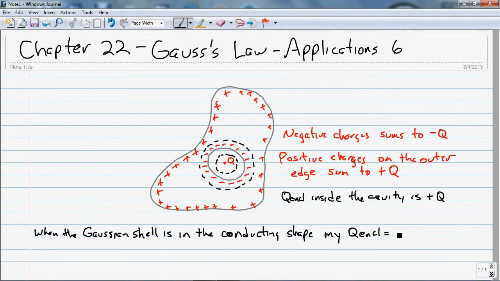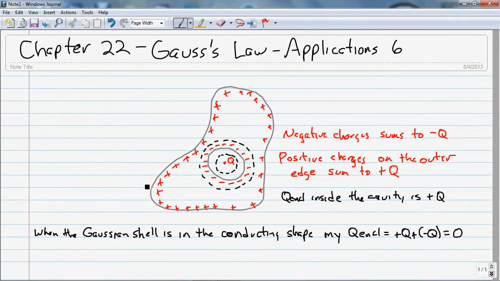So I'm going to have a plus Q, and I'm going to have to count all these negative charges, so I'm going to have plus minus Q. And that's just going to be 0. So my effective enclosed charge is 0, showing that I have no electric field inside of the conductor.